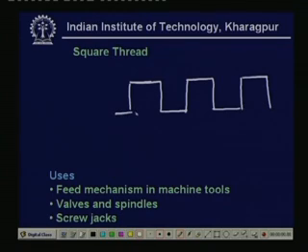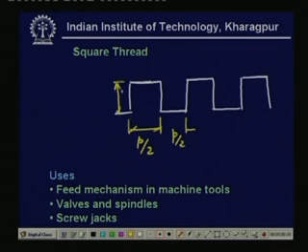Here again this is square, and this distance is the total P, and this distance is P by 2, and P by 2, and this distance is also P by 2. The advantage of this kind of threaded profile is that it has a high efficiency.